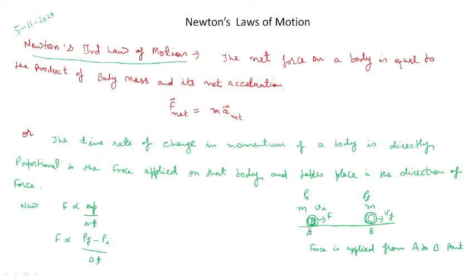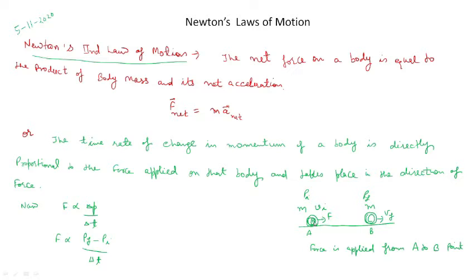Here, let us say in this diagram, a body is placed at point A and its mass is small m, and let us say its initial velocity is vi. Then its initial momentum will be m into vi, and let us say it is denoted by pi.